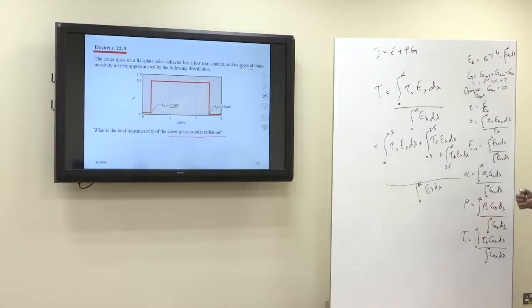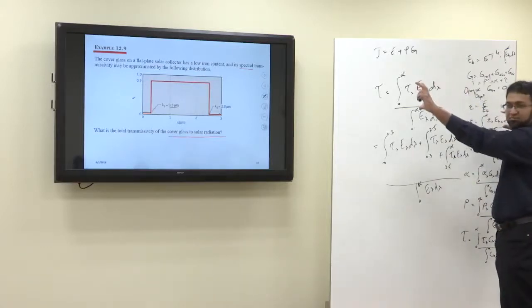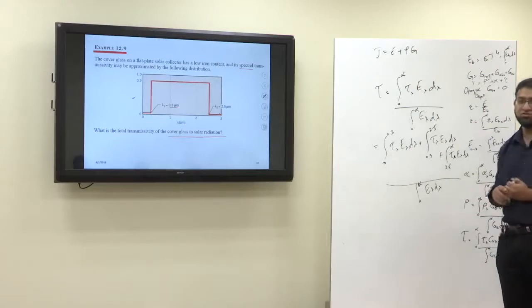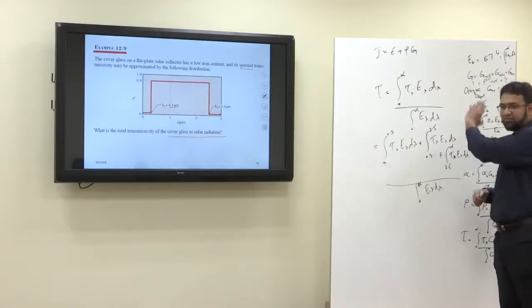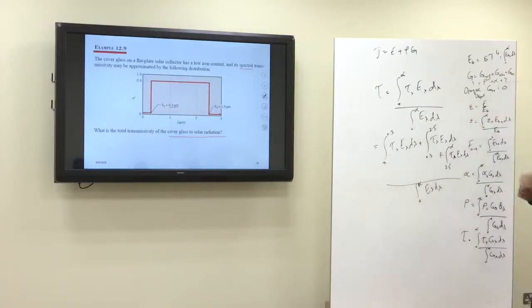Is it clear? I made it by parts: instead of 0 to infinity, I put it from 0 to a specific wavelength, and from that to the next, until infinity.